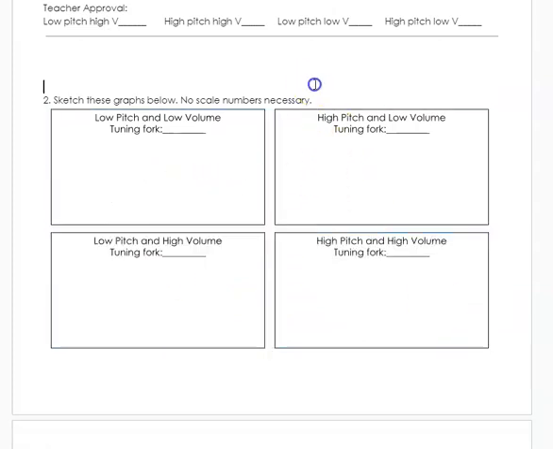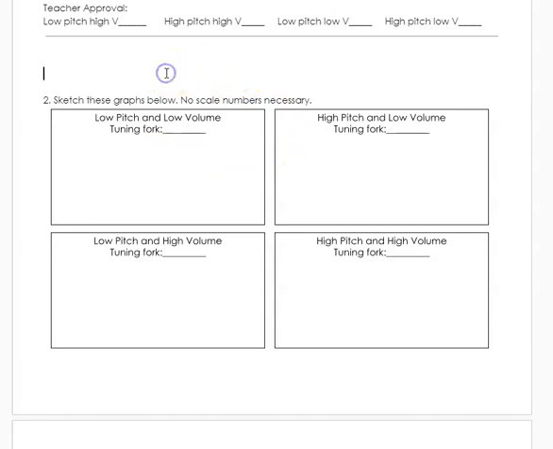Now we're going to sketch these focusing on the difference. So pay attention to the size of your waves, and size can be measured in two directions. Let me say that again. Look at your waves that you're drawing. Do they look like different sizes?